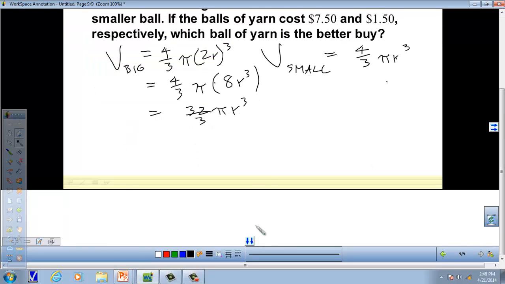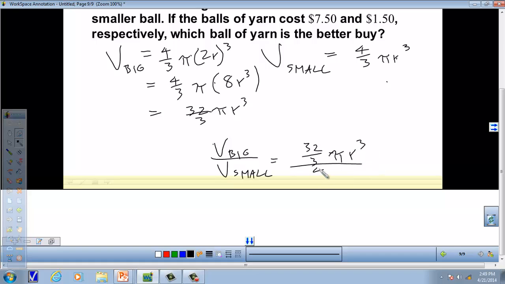If we want to write the ratio, what we do is write the ratio of the volumes, so volume big over volume small, and that would give me 32/3 pi r cubed, and over here it would be 4/3 pi r cubed.